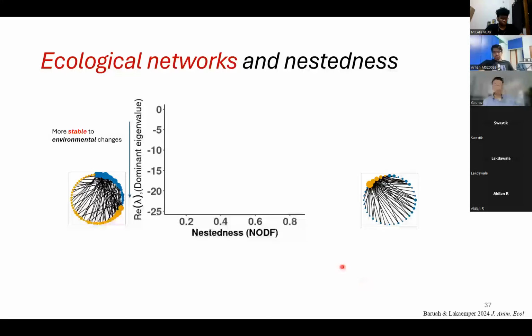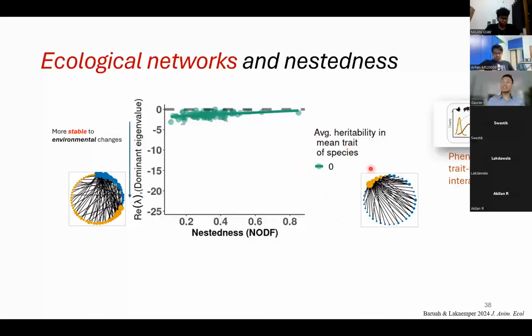and a lot of other species enjoy one or two interactions. So what we found is that when there is no evolutionary dynamics, where the heritability is 0, that means there is no evolutionary dynamics per se. What we observe is that although all networks that we analyzed were stable at equilibrium, we see a slightly positive slope.